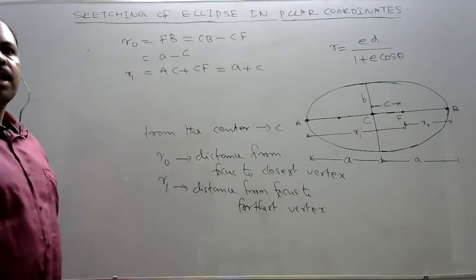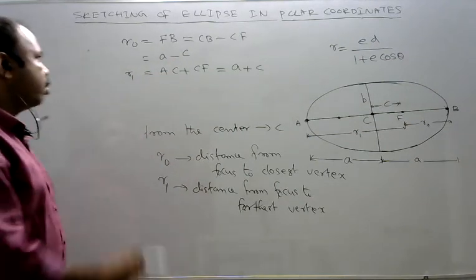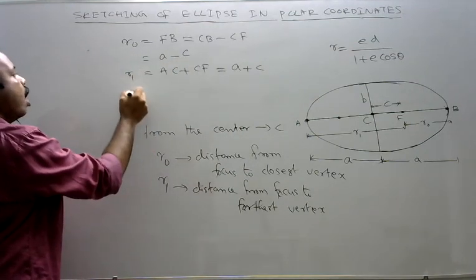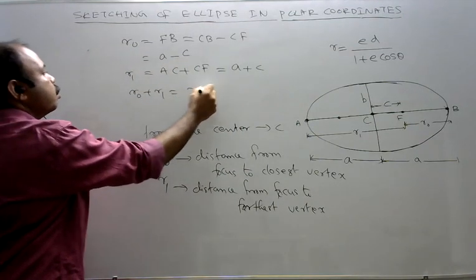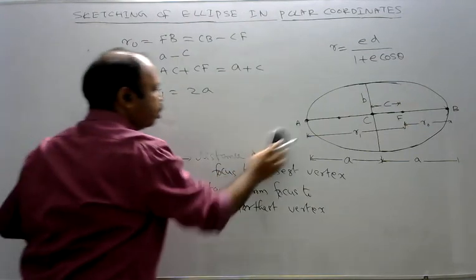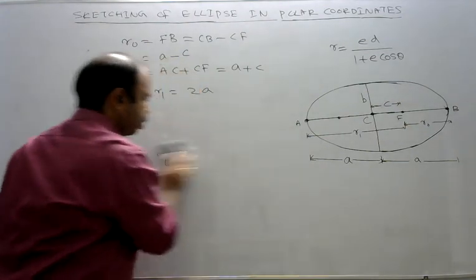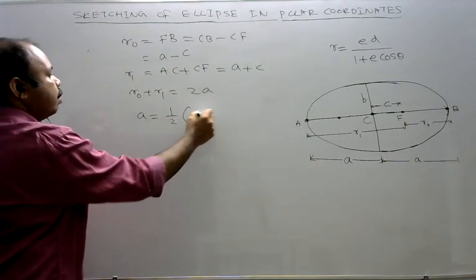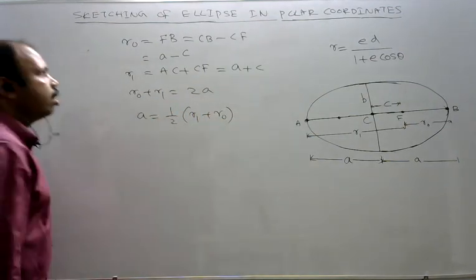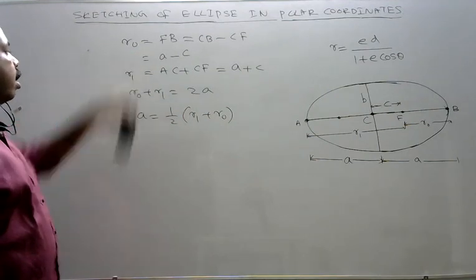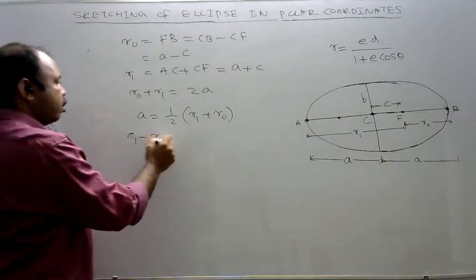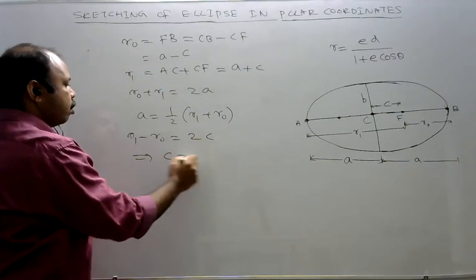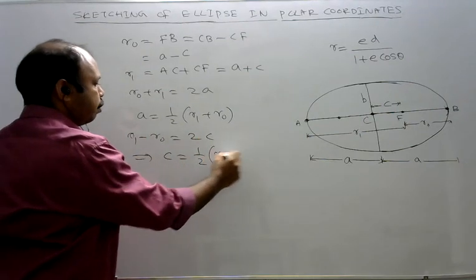R0 equals A minus C and R1 equals A plus C. From these equations, we have R0 plus R1 equal to 2A, or A equal to 1 by 2 into R1 plus R0. Similarly, subtracting, R1 minus R0 gives 2C, which implies C equal to 1 by 2 into R1 minus R0.